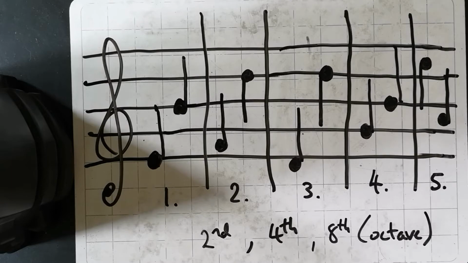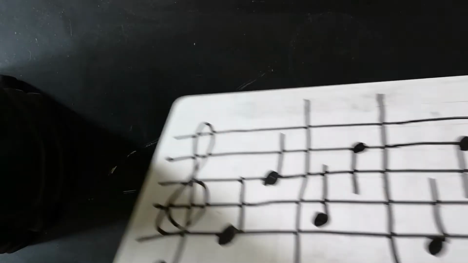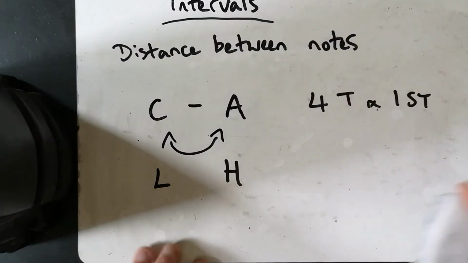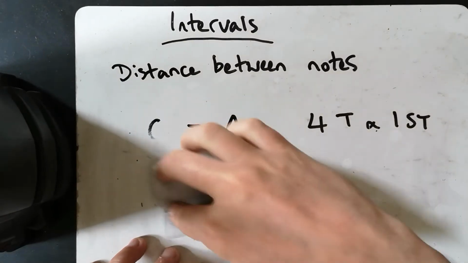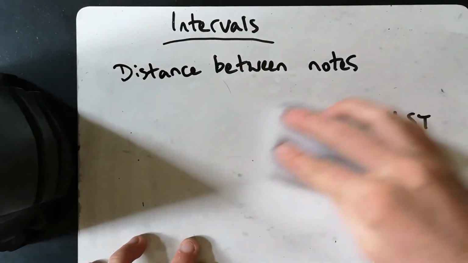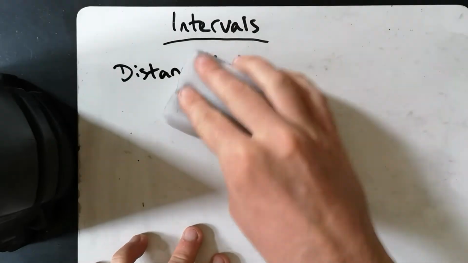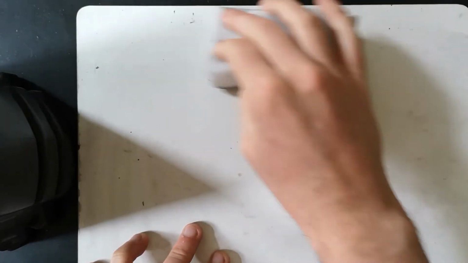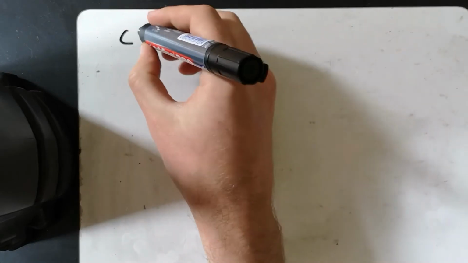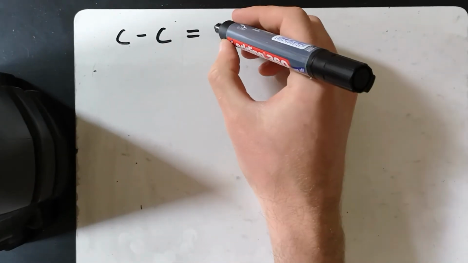Now, we have got a few more things to cover when it comes to intervals. So, distances between notes. Let's just stick with the first 7 first of all. So, C to C is the same note.